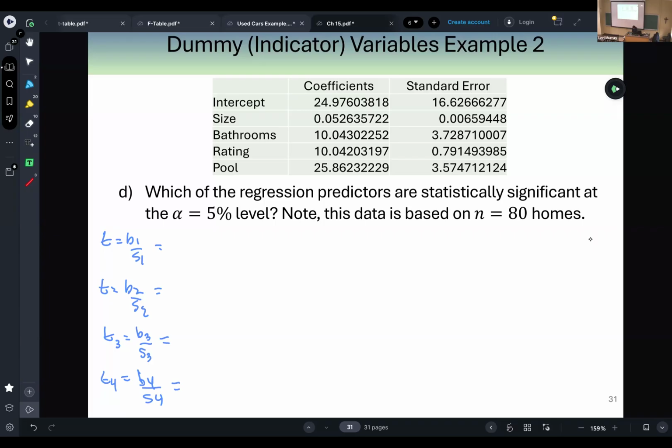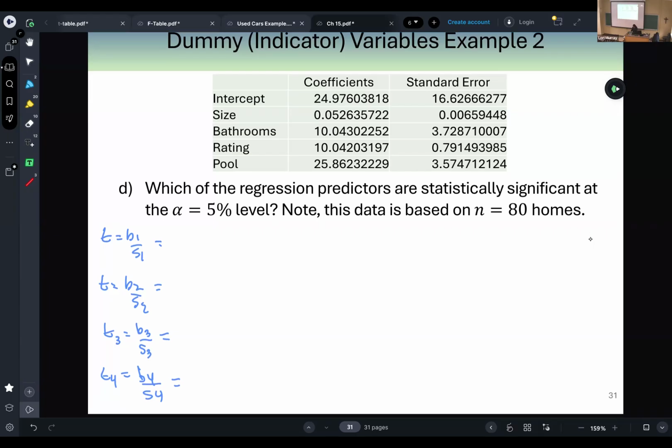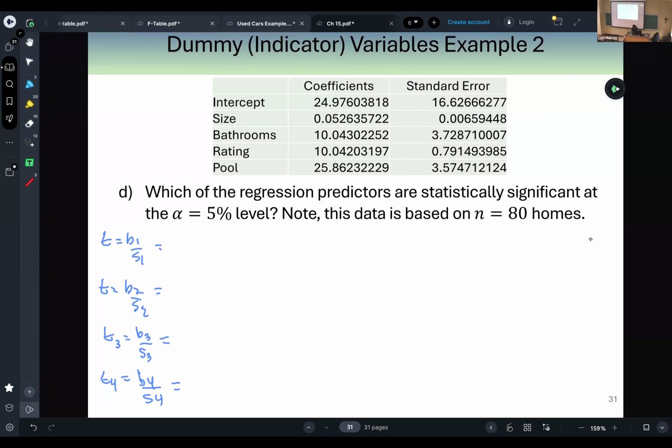I'm going to put this in, so we need to just add these in.